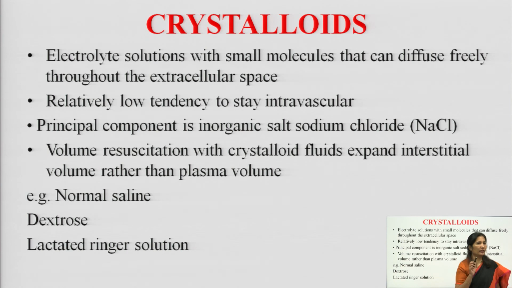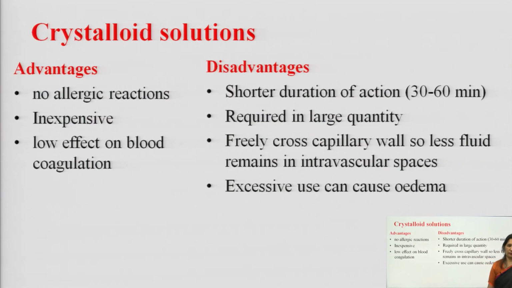The principal component is the inorganic salt sodium chloride. Volume resuscitation with crystalloid fluid expands interstitial volume. They increase intravascular volume, but they also increase interstitial volume because they leak out. Examples are normal saline, dextrose, and lactated ringer solution.